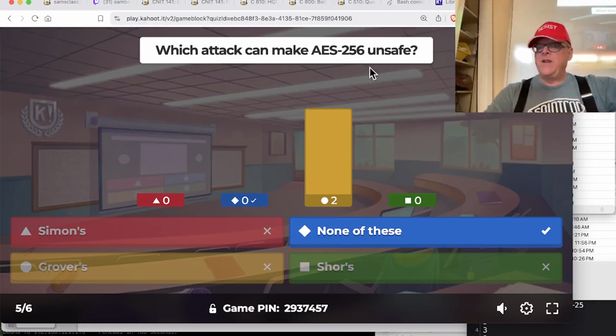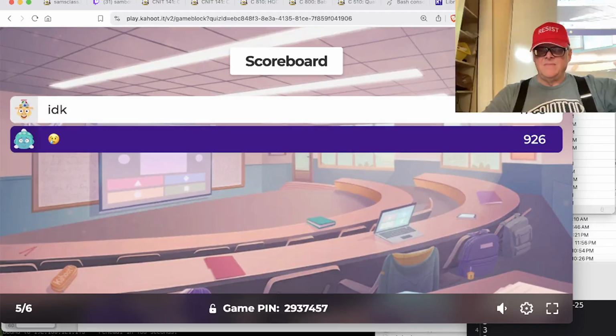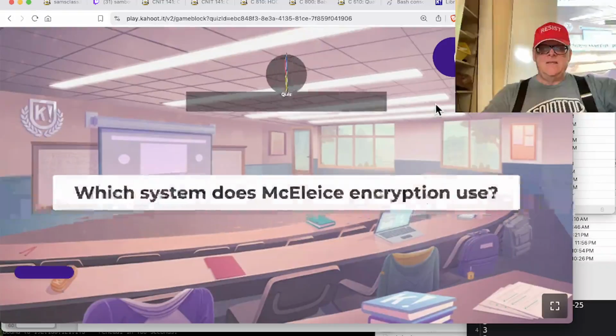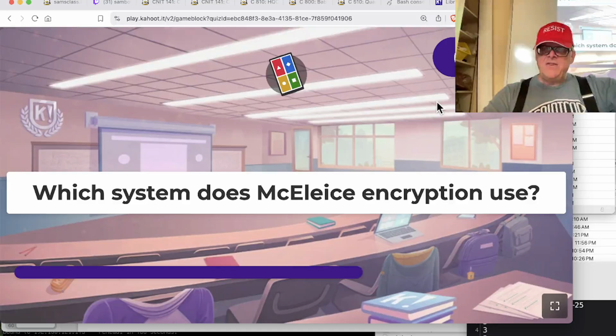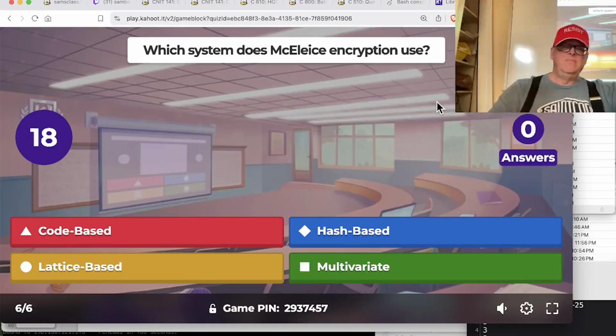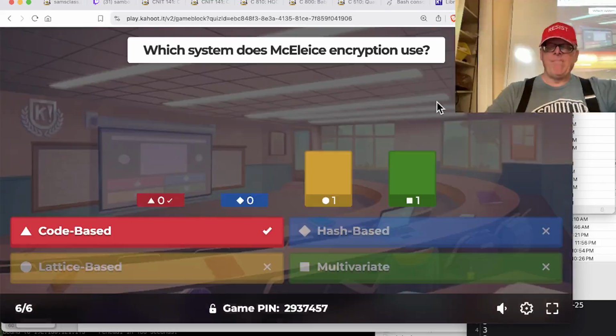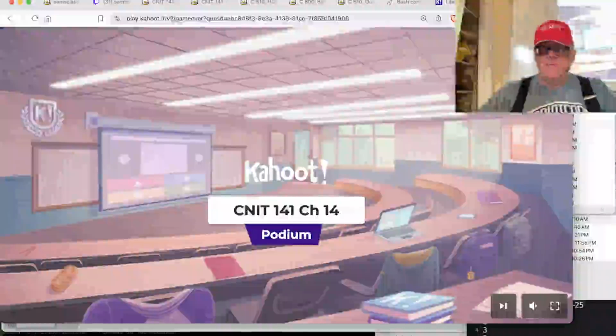So this is a fine system. Quantum computers are not a threat to it. All right, and what does McEliece encryption use? It's code-based.